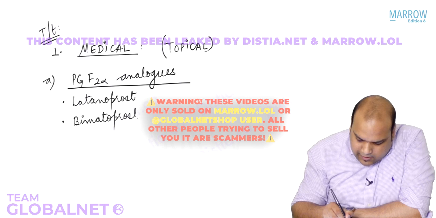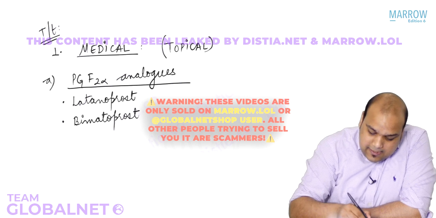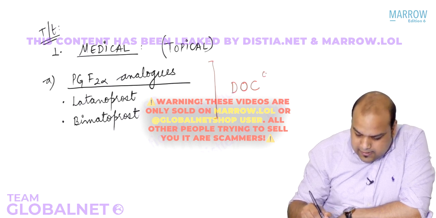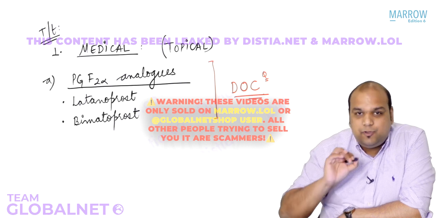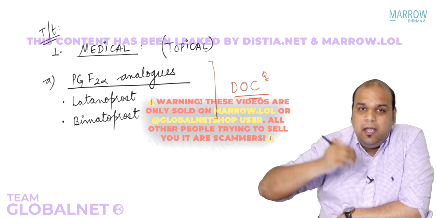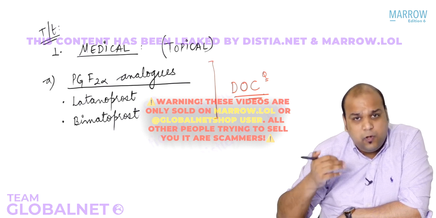Okay. And we can continue on the list. Travoprost, unoprostone, tafluprost. These are the drugs of choice. There should be no confusion. If you still believe timolol is a drug of choice, that's a very old knowledge. The drugs of choice are prostaglandin F2 alpha analogs, latanoprost or bimatoprost or the other prosts here.